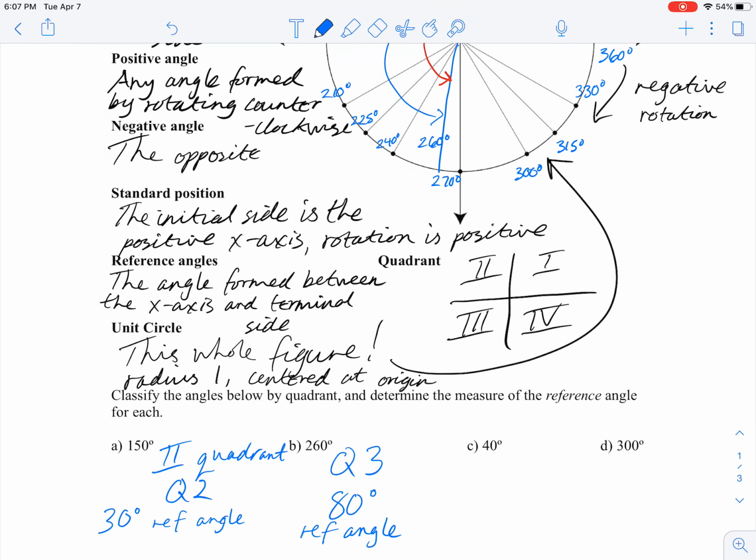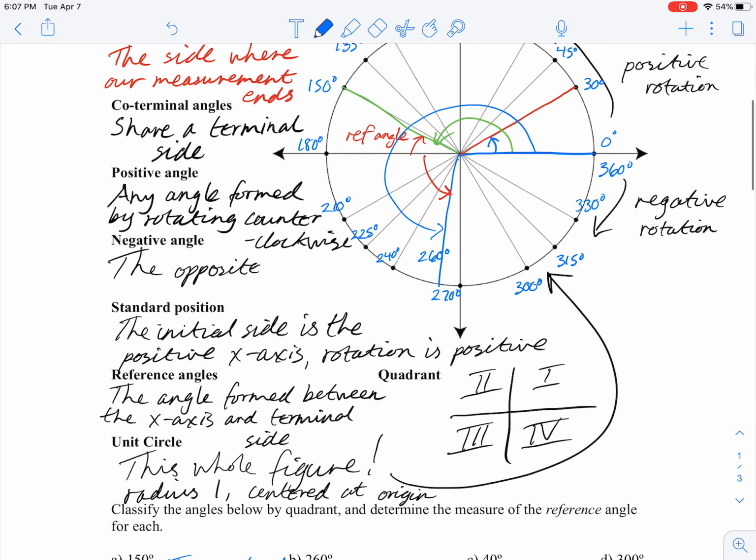Okay. 40 degrees is very convenient. 40 degrees lives somewhere around in here.